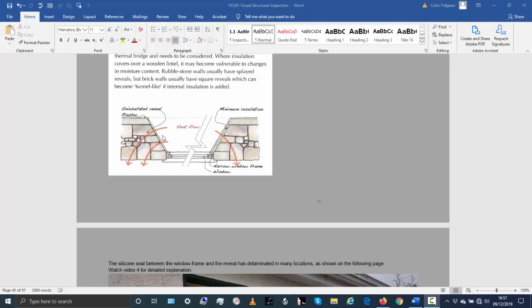And what can happen then is, because there is a minimal amount of insulation here and here, you can have thermal bridging, quite a lot of heat loss through this particular area, and even more heat loss the closer it gets to the window, because the distance it has to travel is quite short. The distance traveling here is long, here is quite short.